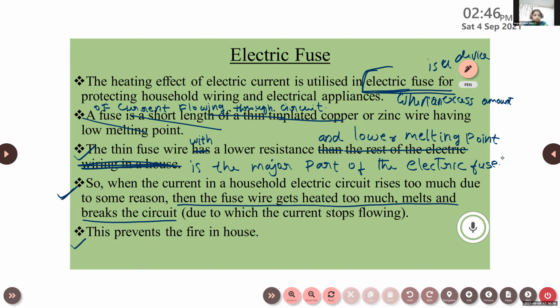Electrical wire. If it is an electrical wire, there is a specific name for it. What is that? The major part of the electric fuse. Raya? Yes, it is the fuse wire. And what is the speciality or characteristic of the fuse wire?